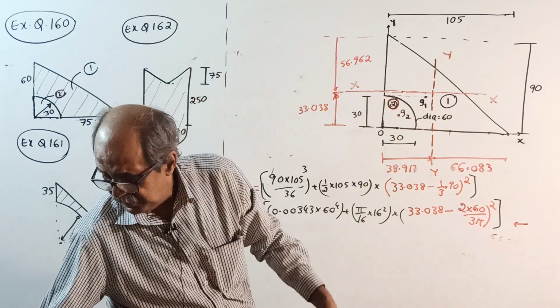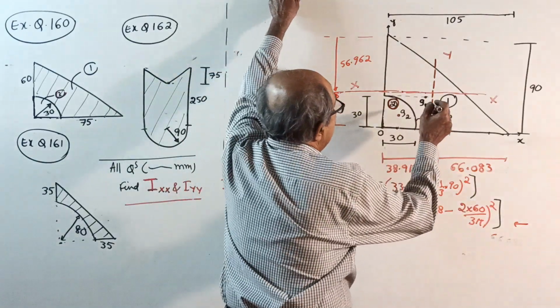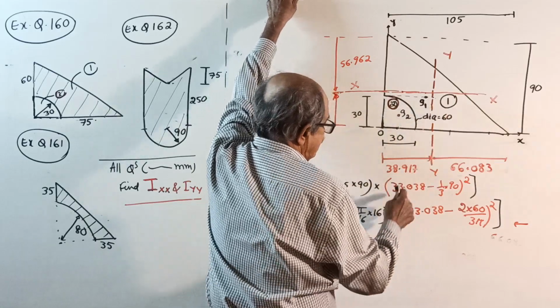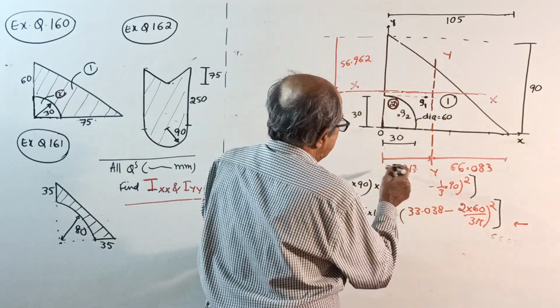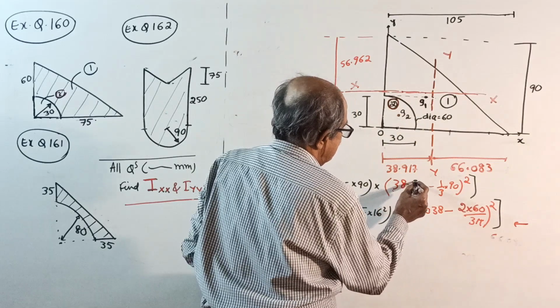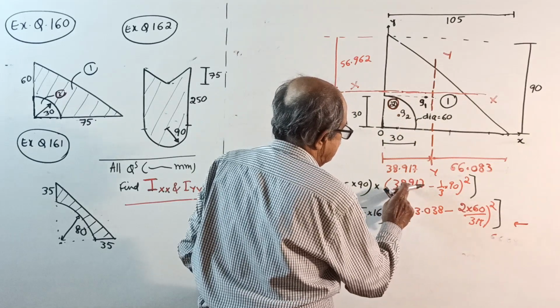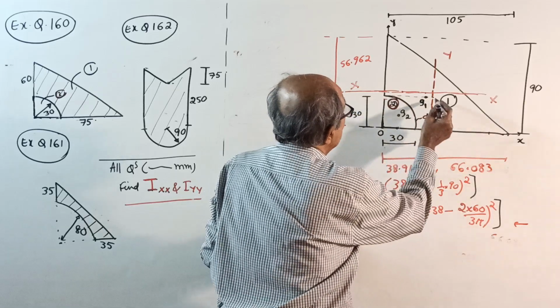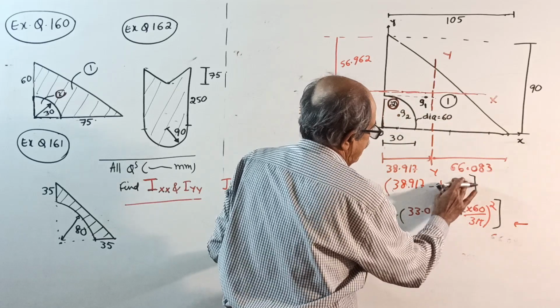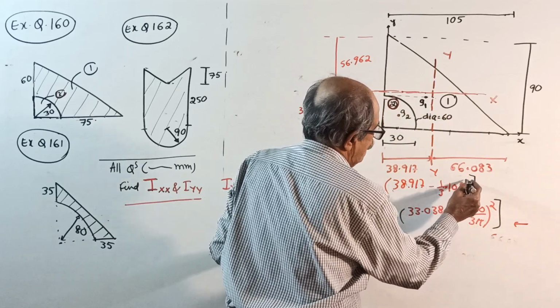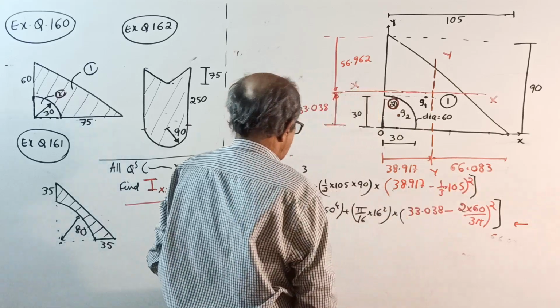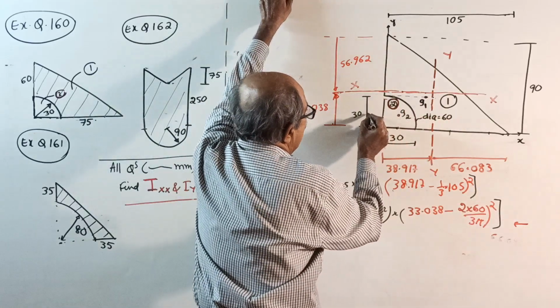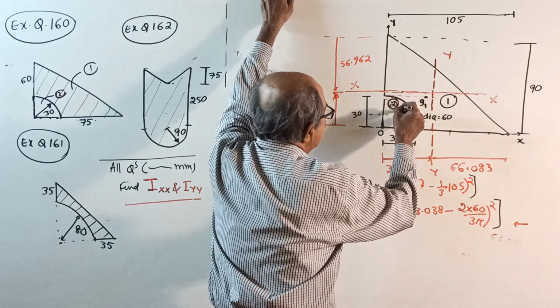Half into that area into, see, Yy, this distance square is 38.917 minus this distance, which is 1/3 of 105, minus this. You should not do this way. 105 whole square.